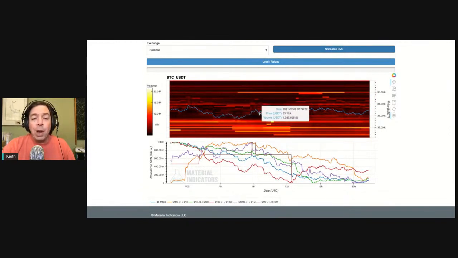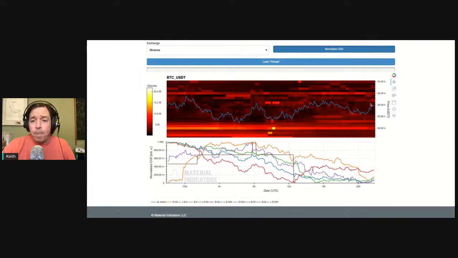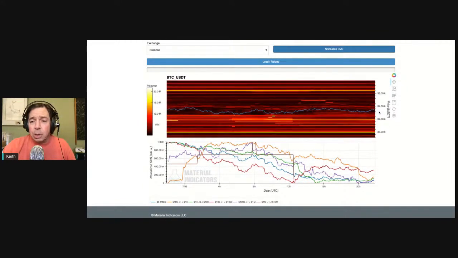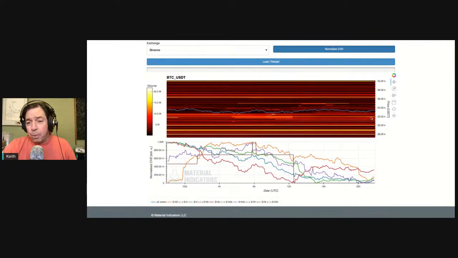Now, I have no way of knowing for sure if this actor is related to this actor. But we do often see situations where you'll look at these ladders, for example, right here in both directions.